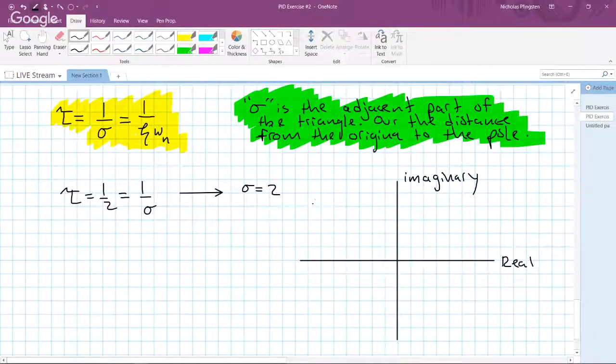If it wasn't stable, we wouldn't care. It would probably be closer to infinity. So let's say it's right here, -2. We know that its angle is 45 degrees.